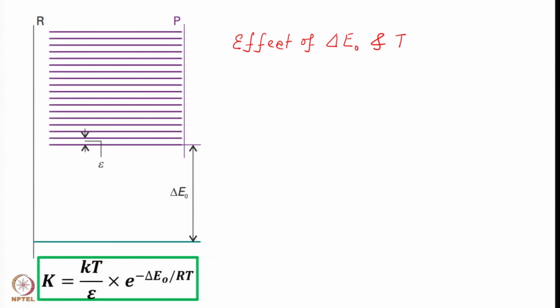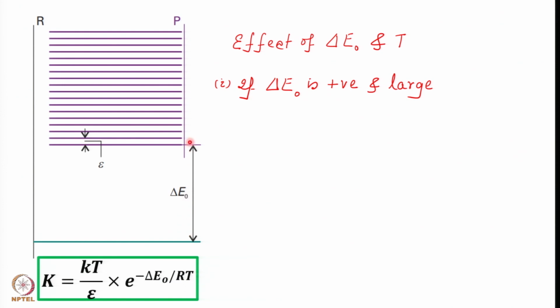First of all, case number 1, if delta E0 is positive and large. What I am trying to say here is that if this difference is very large, then this exponential term, if delta E naught is very large, what will happen?